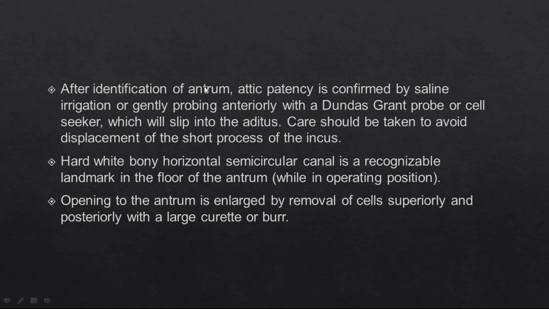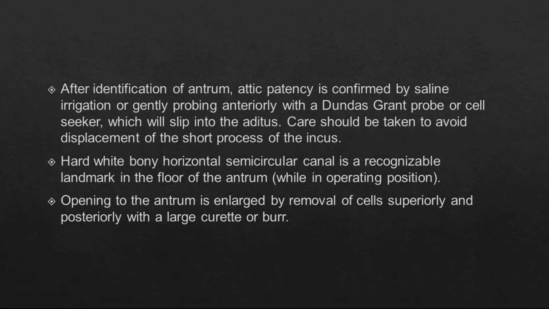The antrum is identified once you see the dome of the lateral semicircular canal, then you say it is the mastoid antrum. Until and unless you see the dome of the lateral canal, you cannot say with 100% certainty that this is the mastoid antrum.